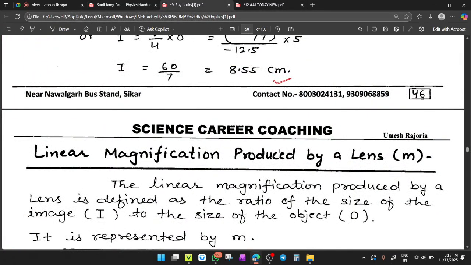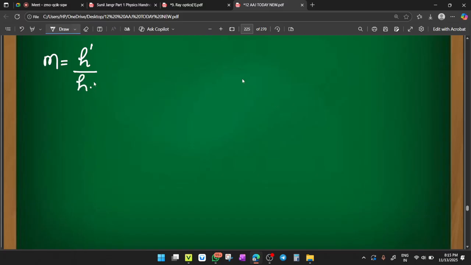Okay, students. So we're starting our next topic, linear magnification produced by a lens. It is denoted by small m. As in the case of mirror, magnification was m equals to height of image h dash upon height of object equals to minus of v by u. Similarly, in the case of lens, the magnification produced by lens equals to h dash upon h.